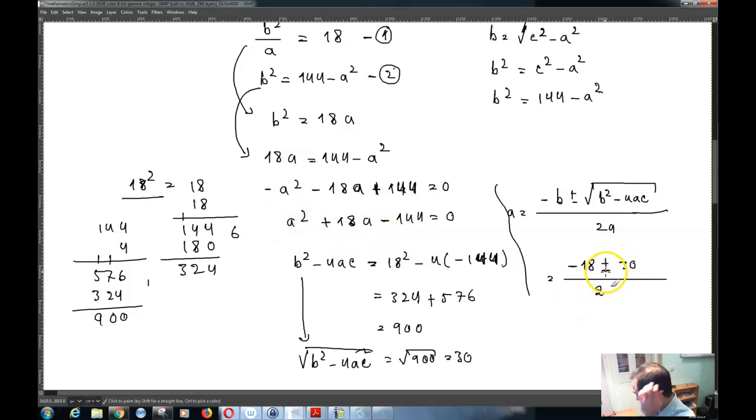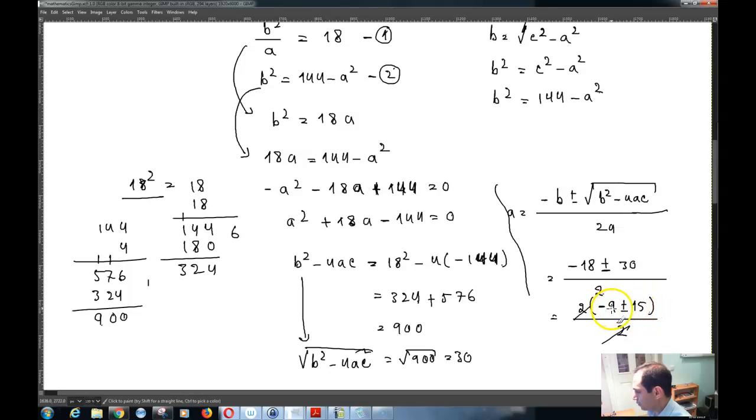So I can write this as, take a 2 out, negative 9 plus or minus 15 over 2, and cancel these 2 out. So I have negative 9 plus or minus 15.